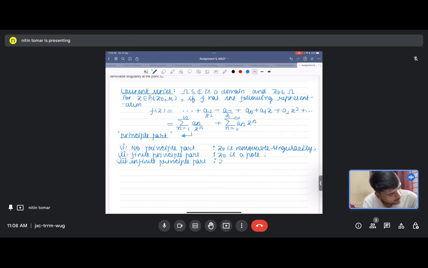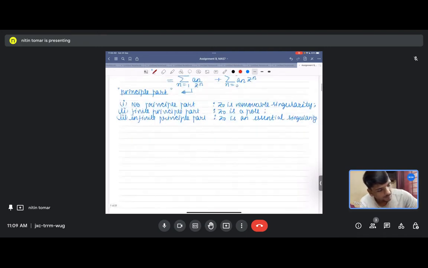If there is an infinite principal part, we say z naught is an essential singularity. So in the first question, we have been asked about sin z by z around the point z equal to 0.